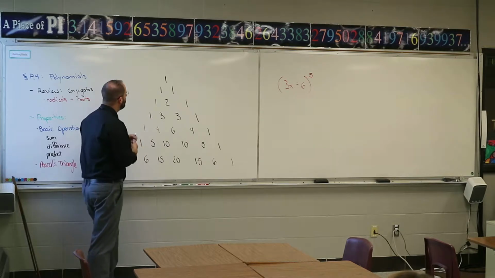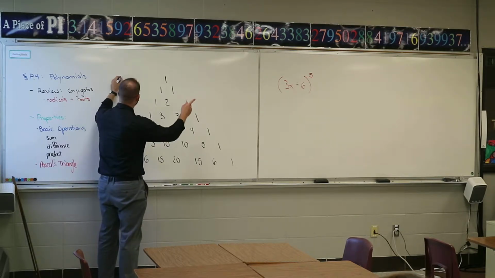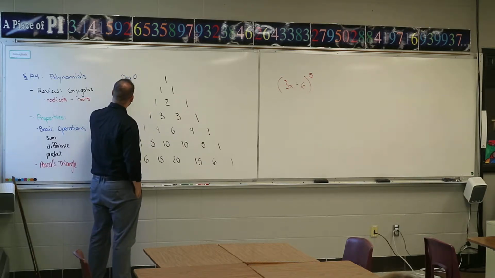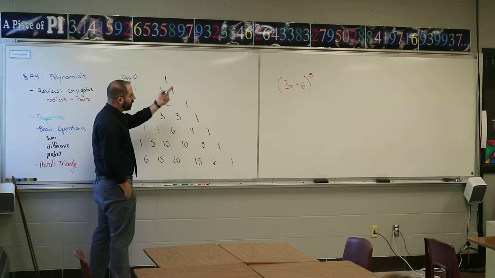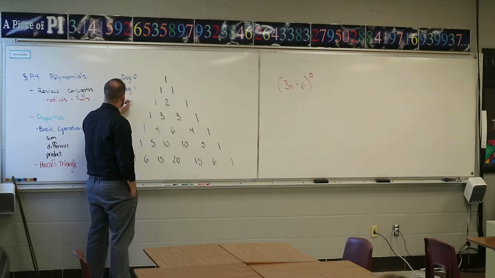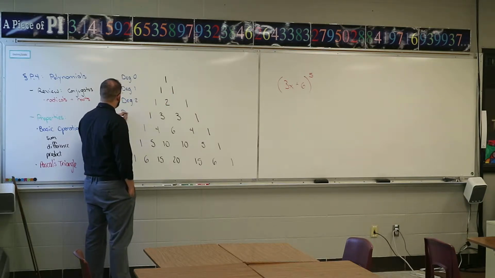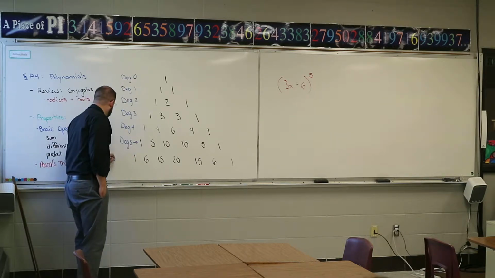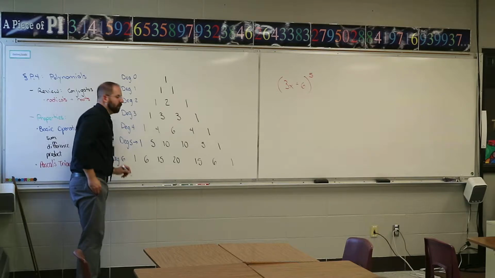So if your parenthesis had a degree 0, a power of 0, or a degree 1 on the parenthesis. Ours is 5, so we have to go down 5 rungs on the list. Degree 4, and this is the one we were using yesterday. This is degree 5. This is the list that we need. Then I don't think we even wrote this one down, but we have degree 6 and go further than that.